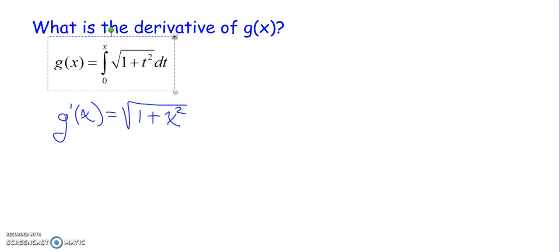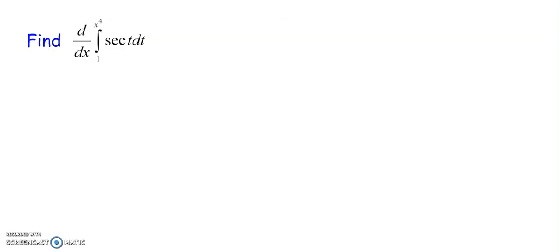Make sense? This would be a very straightforward AP test question. They like to make them a little more challenging. And again, this notation, d over dx, just means find the derivative.